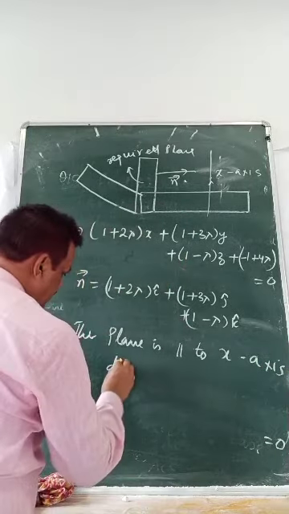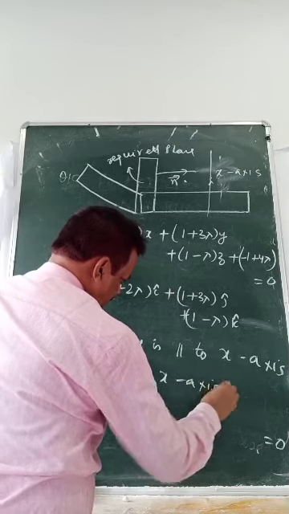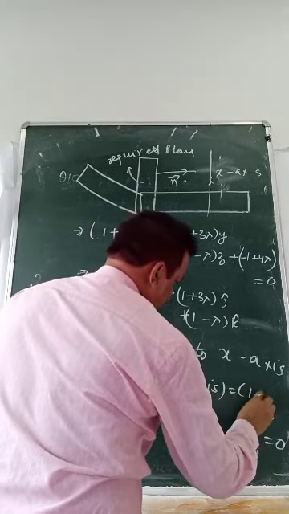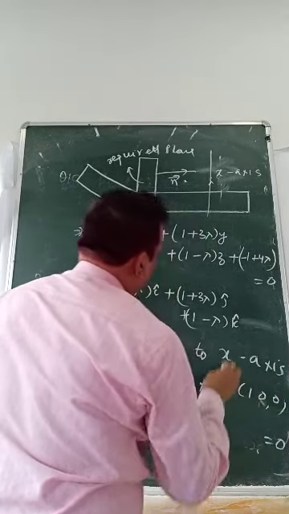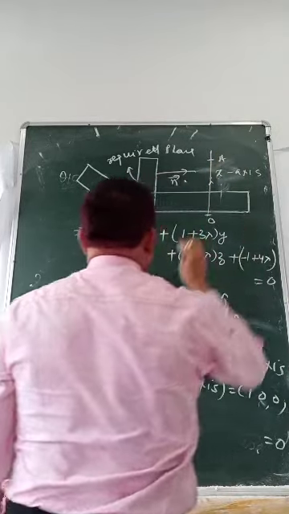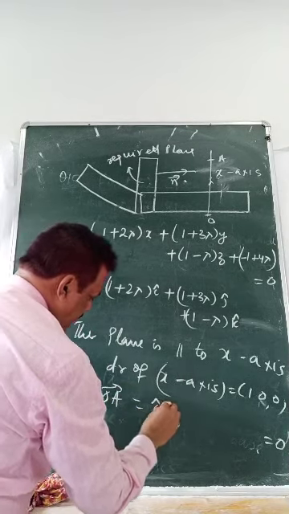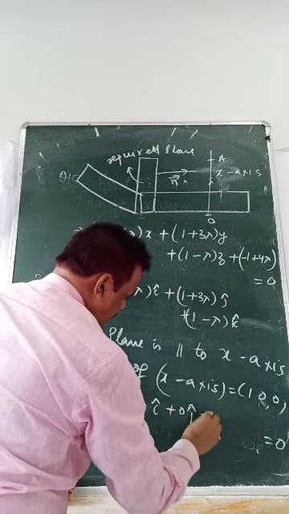What is the direction ratio of the x-axis? That is 1, 0, 0. If I write this as OA, what is the OA vector? It is i plus 0j plus 0k.